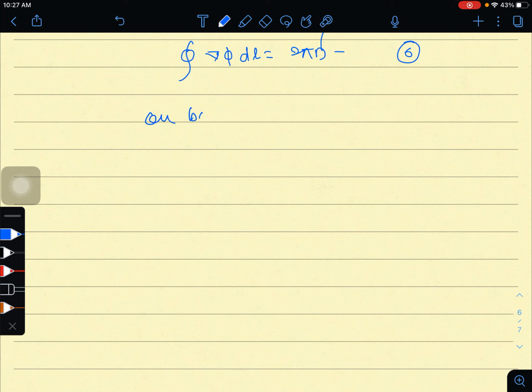On the basis of equation number 3, equation number 5, and equation number 6, we can easily write phi is equal to n h c divided by 2e, and it is nothing but n phi 0.